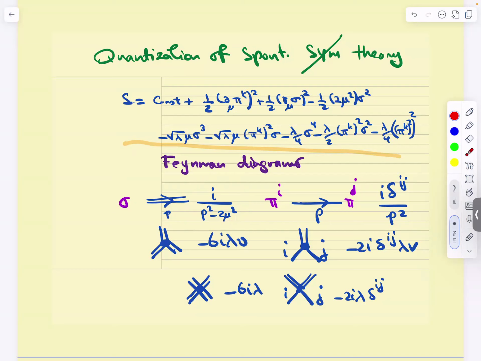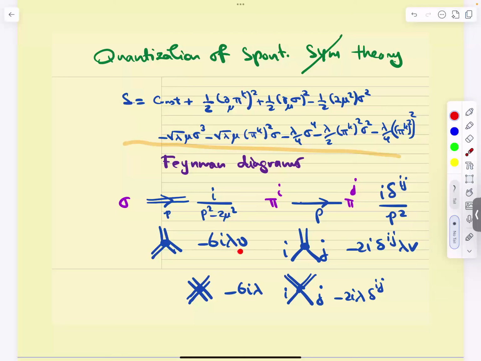I have, sorry, sigma cubed. That is sigma cubed. I have pi 2 sigma. This is pi 2 sigma.